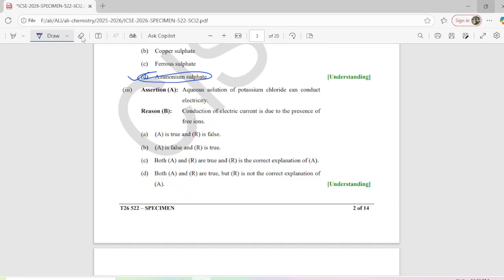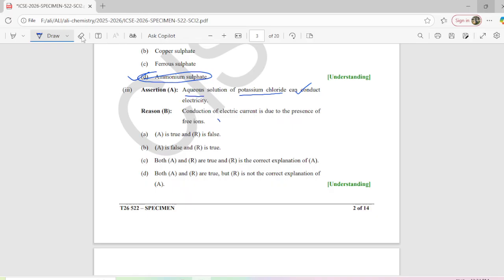Next, the third MCQ, assertion A: aqueous solution of potassium chloride can conduct electricity. Potassium chloride in aqueous solution is a strong electrolyte, so the assertion is correct. Coming to the reason: conduction of electricity is due to the presence of free ions.